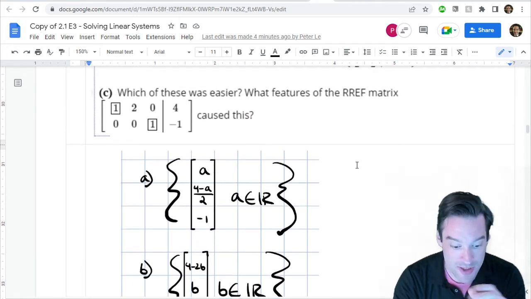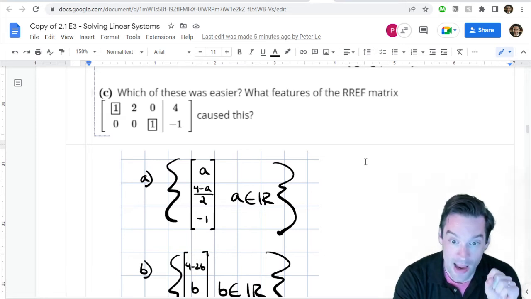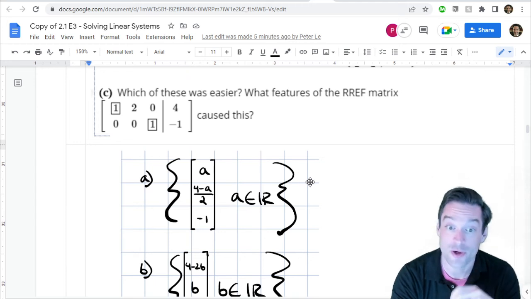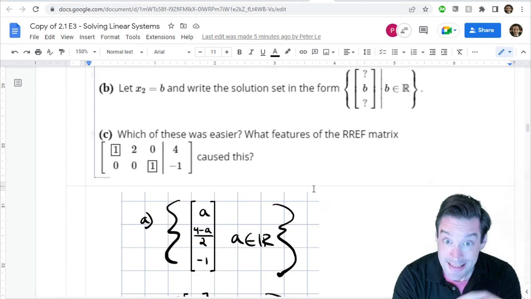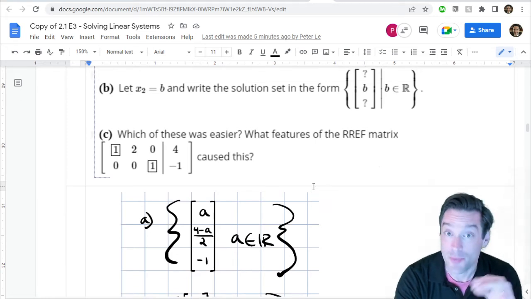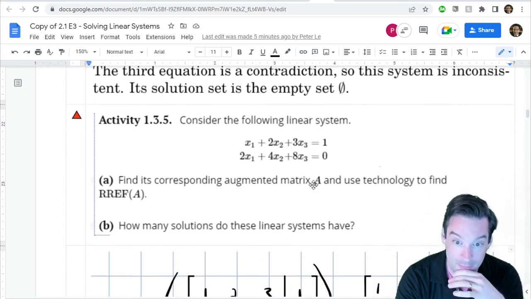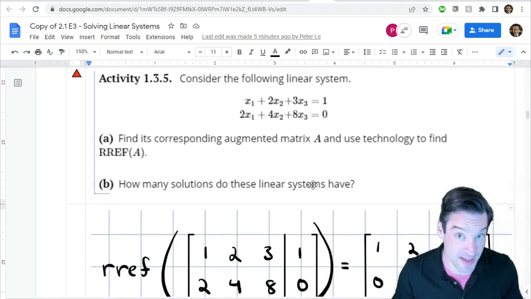So the question that we want to end with, coming to an answer to, is how could we have known, what features about this reduced row echelon form should have told me that I get to make a free choice of a parameter? So the prediction that this group made about how many solutions this system had, it's probably got infinitely many solutions because it's underdetermined.